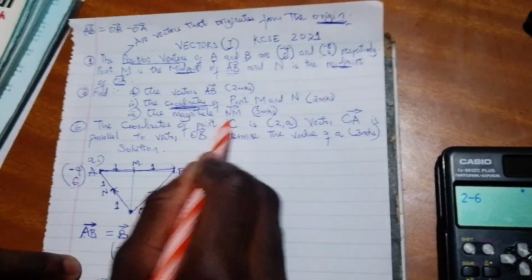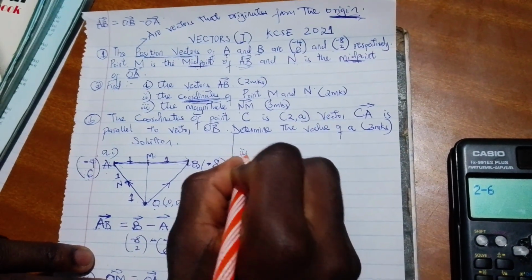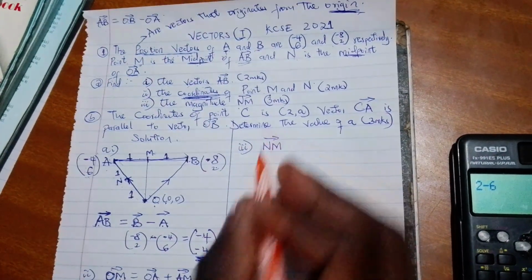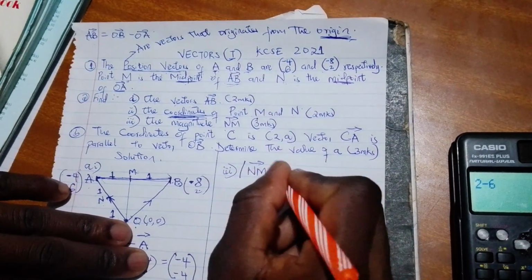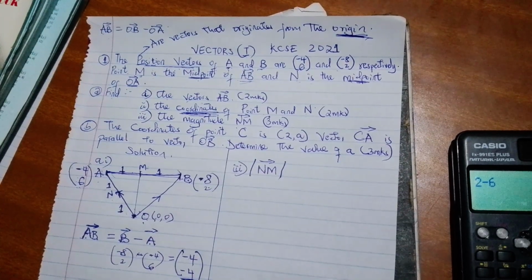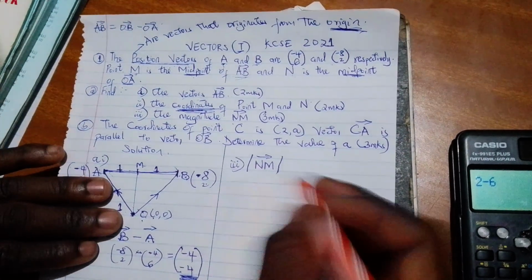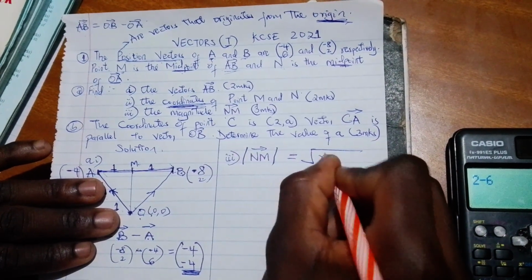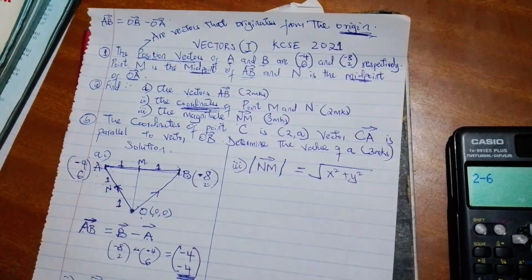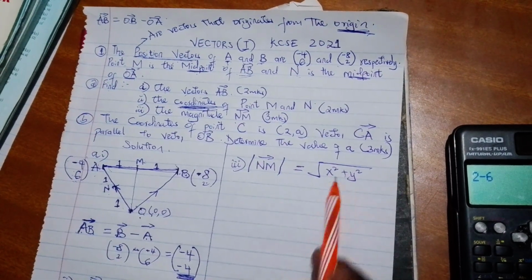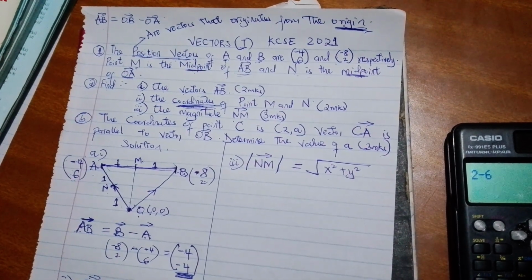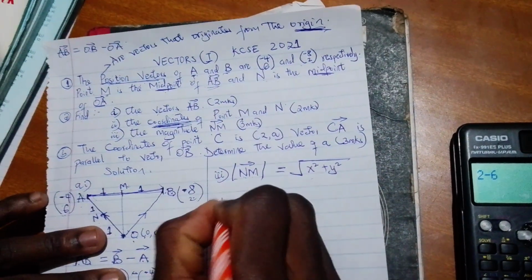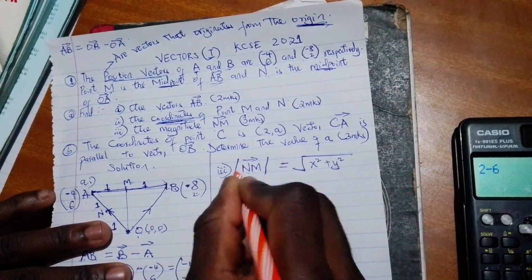The magnitude of NM, Roman 3. Magnitude of vector NM. In maths, we write magnitudes this way, just the way we represent modulus. So how do we get magnitude? The magnitude of a vector is calculated as the square root of x squared plus y squared. So meaning we must have x and y, then we square them. So first, let me calculate vector NM before calculating its magnitude.